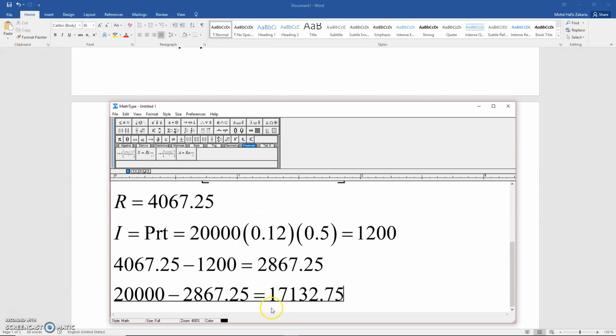Now we know that this is our outstanding balance.